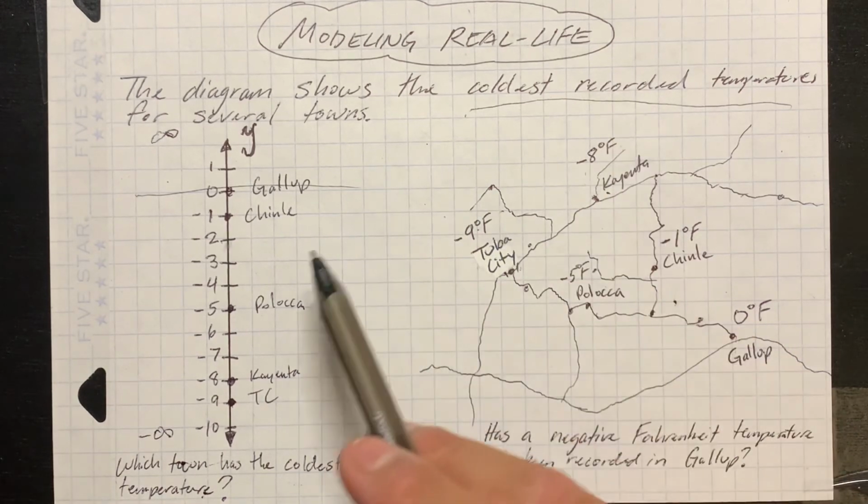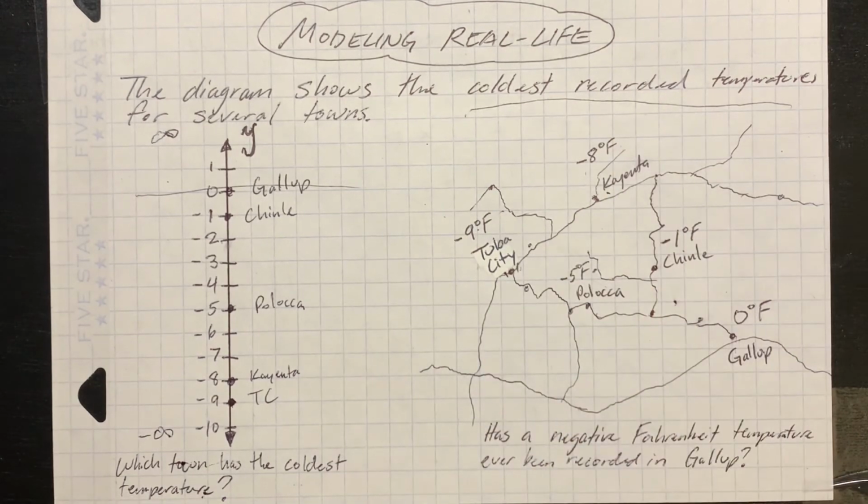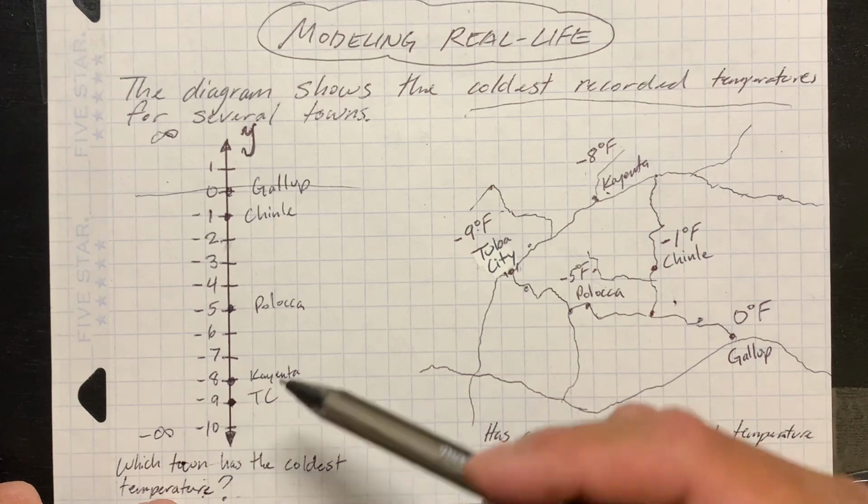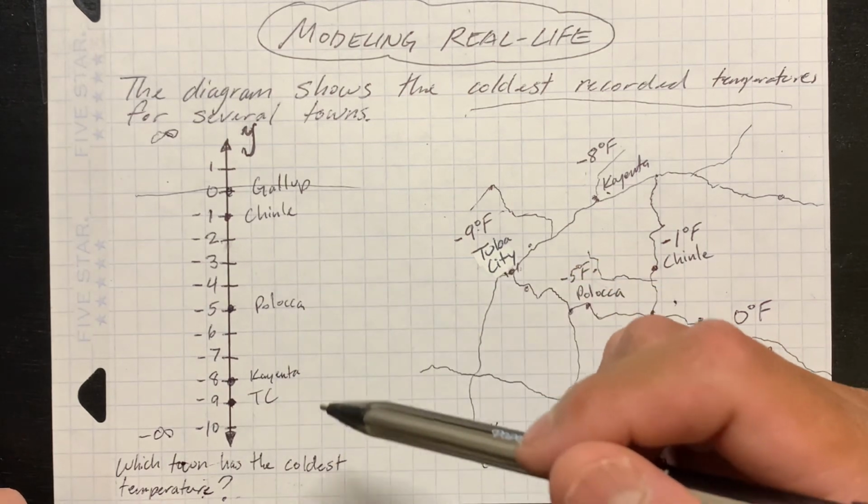Now, again, this diagram shows the coldest recorded temperatures for several towns. Again, this is all made up. It's fictional. These are not accurately true. So we want to know which town has the coldest temperature. Now remember, we look for the number that is the coldest.